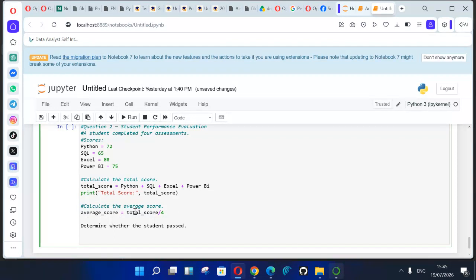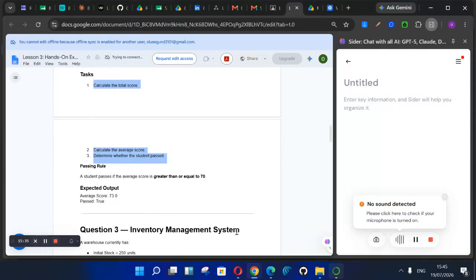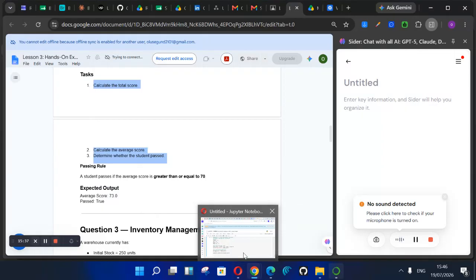What's the question? The average score. So let's look at the outputs, please.